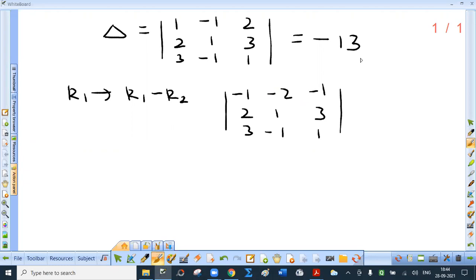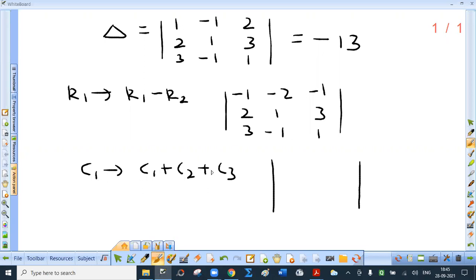We will make one more change. C1 changes to C1 plus C2 plus C3. Is this transformation valid? Yes. To the elements in any column, so first column, are added same multiples of corresponding elements of any other column or columns, value remains the same.